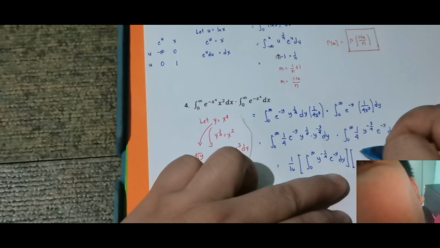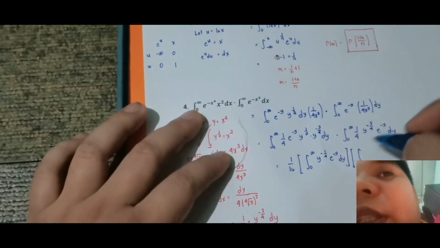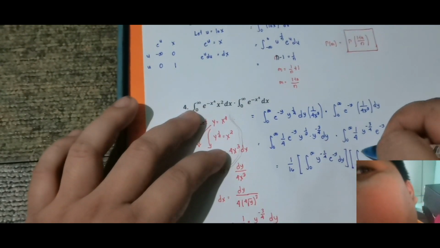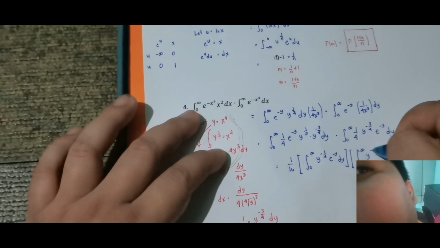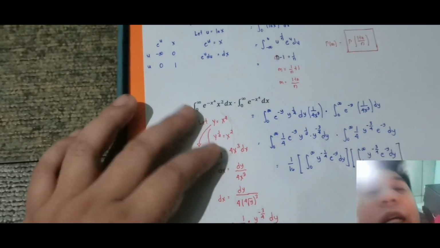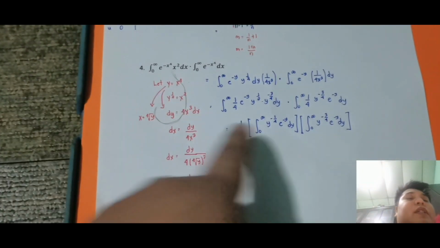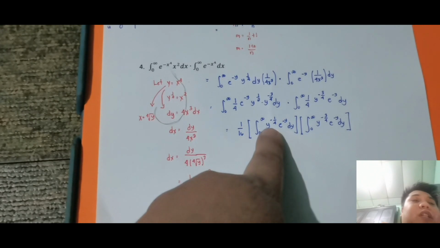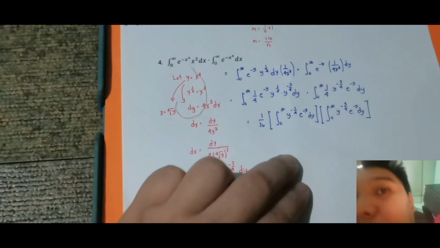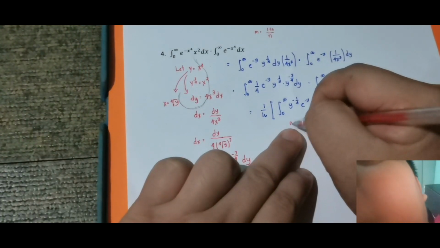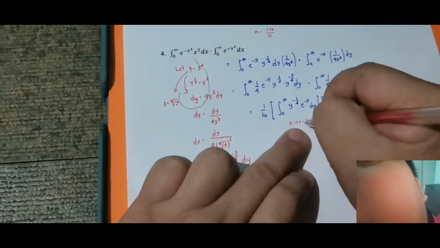Then multiply by integral. So dito safe na siya. 0 up to infinity ng y raised to negative 1/3 e raised to negative y dy. Okay, next is this is simply, siyempre minus 1 na siya dyan. So sa part na to, we have n minus 1 is equal to negative 1/4.